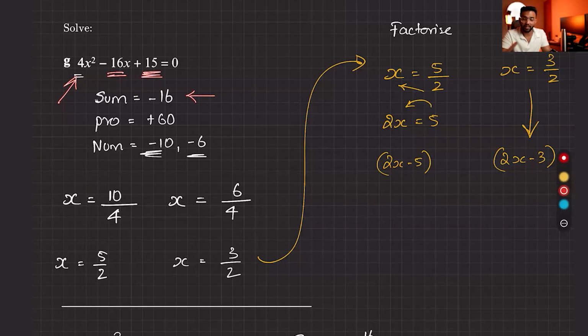You have 15 multiplied with 4 to give you the product, which is 60. So you guess two numbers. If you add them, you get minus 16, and multiply them to get 60. These are the two numbers, minus 10 and 6. And what did you do to get to your final answer? You took that number, changed the sign, and divided by the 4 in front of it.